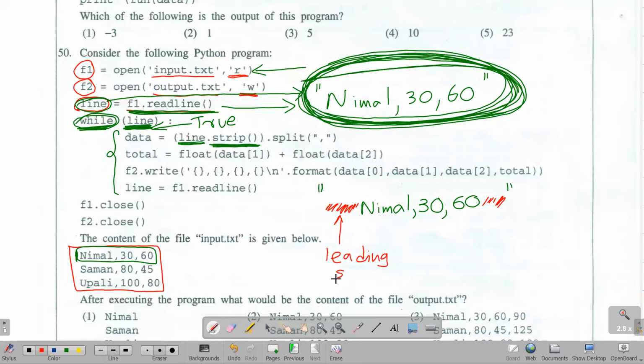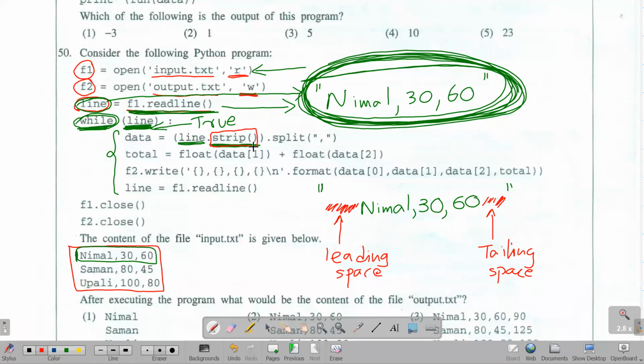This is the leading space, and these are the trailing spaces. The strip function will delete the leading and trailing spaces.